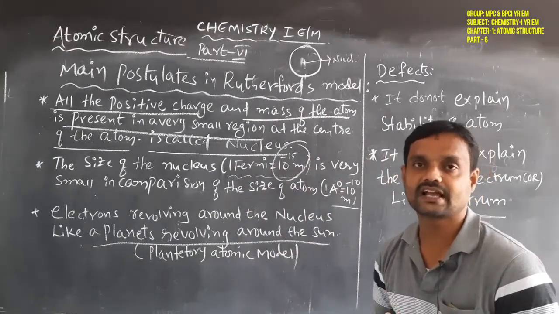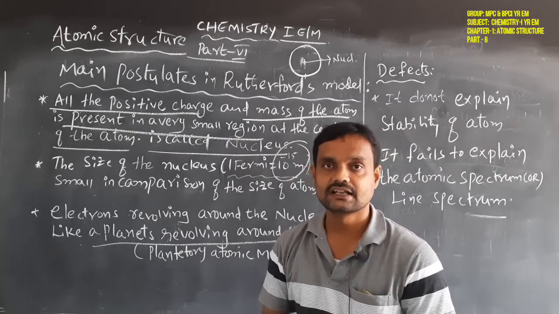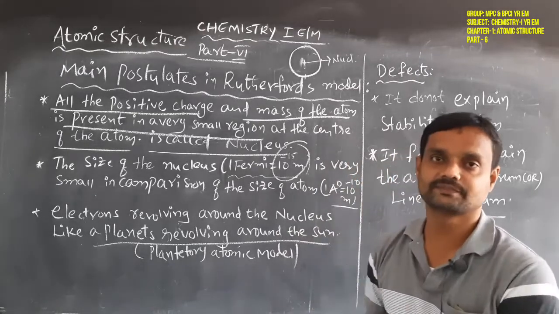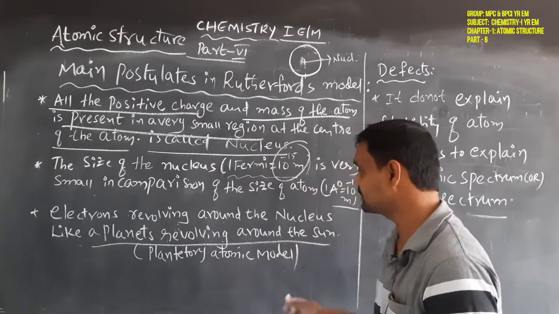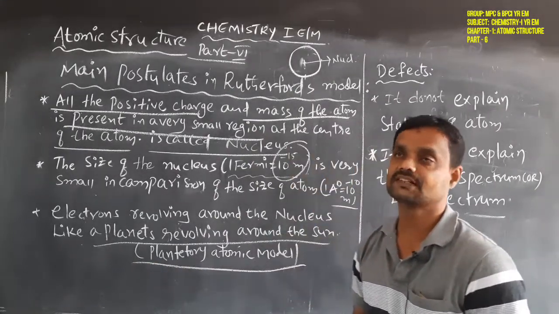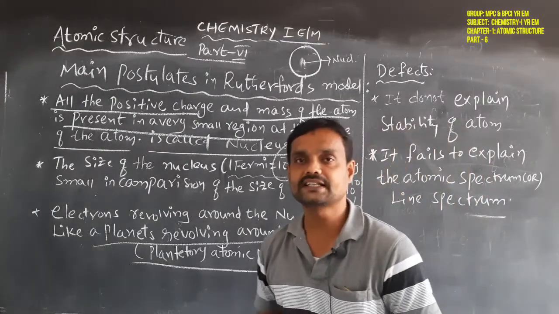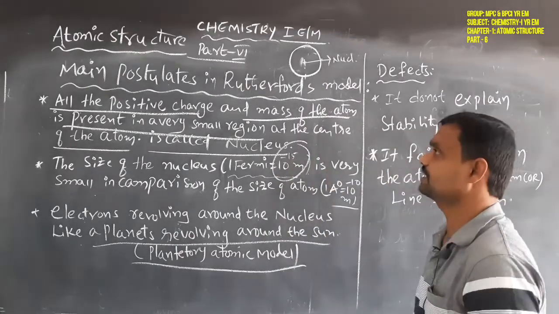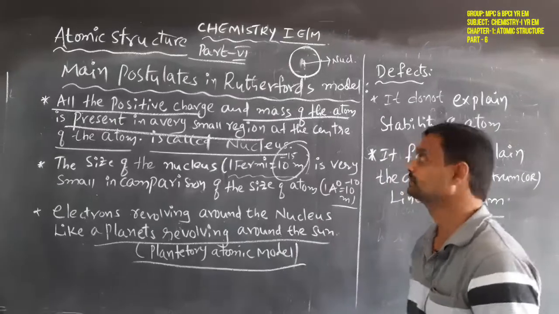So in an atom, electrons revolve around the nucleus, looking like planets revolving around the sun. Hence the Rutherford atomic model is also called the planetary atomic model. So this is another postulate in the Rutherford atomic model.